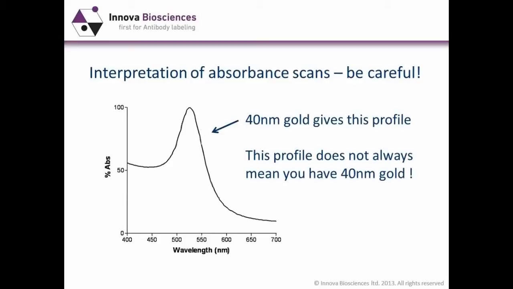Okay, just a cautionary note about absorbance scans. 40 nanometer gold gives this profile with a fairly narrow plasma band. These are spherical particles. Now, if you have this profile, it doesn't mean you've got 40 nanometer gold. You might have, but it doesn't prove it.